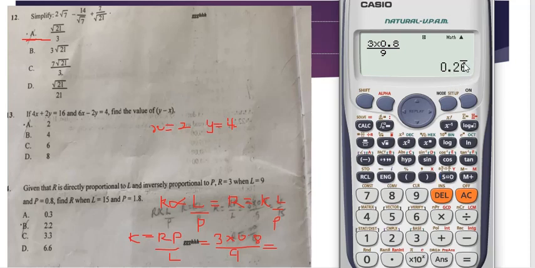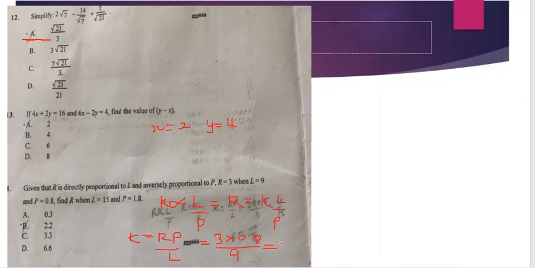Now you could notice that there is a bar on the 6, so it means that the answer is 0.266666666. It's a recurring decimal, that's why the bar is on the 6. So that's the value for K, 0.2666666.